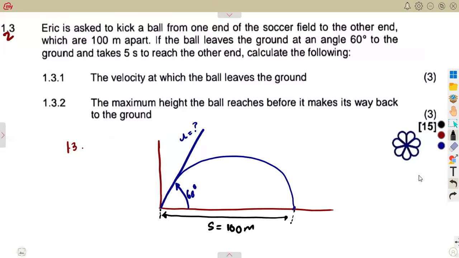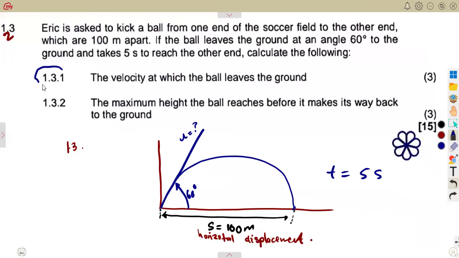This is horizontal, guys, not vertical. So we have got the horizontal displacement. We have also got the time frame, which is 5 seconds to reach the other end.